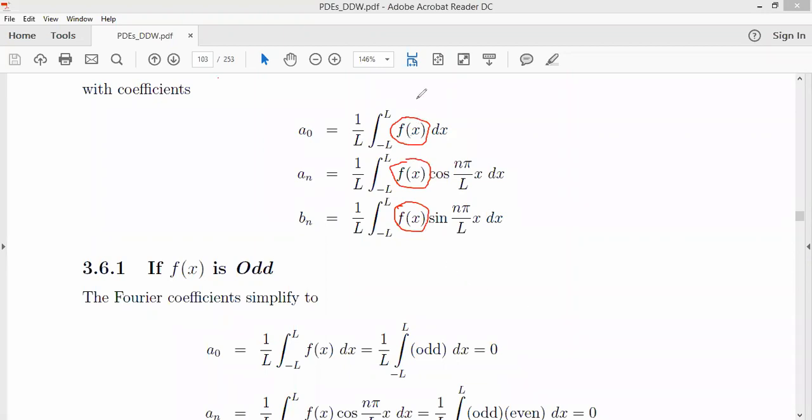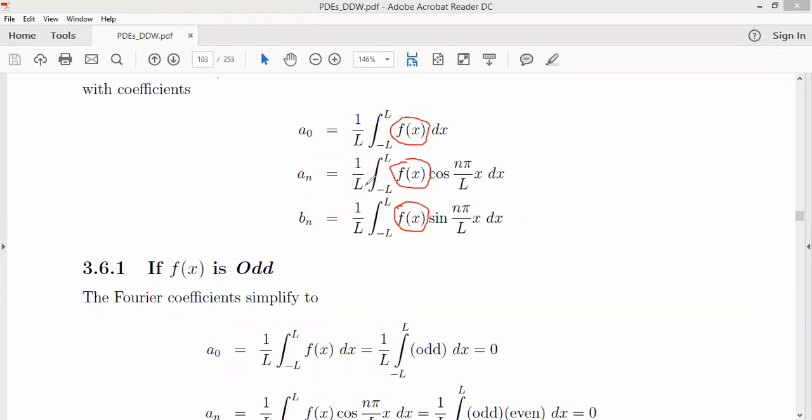So this function here, if it is odd, then we'll see that the Fourier coefficients, these expressions, will change. Why? That is what we are going to look at. So if we have the integral a naught, we start modifying this. Remember we are saying f(x) is odd.